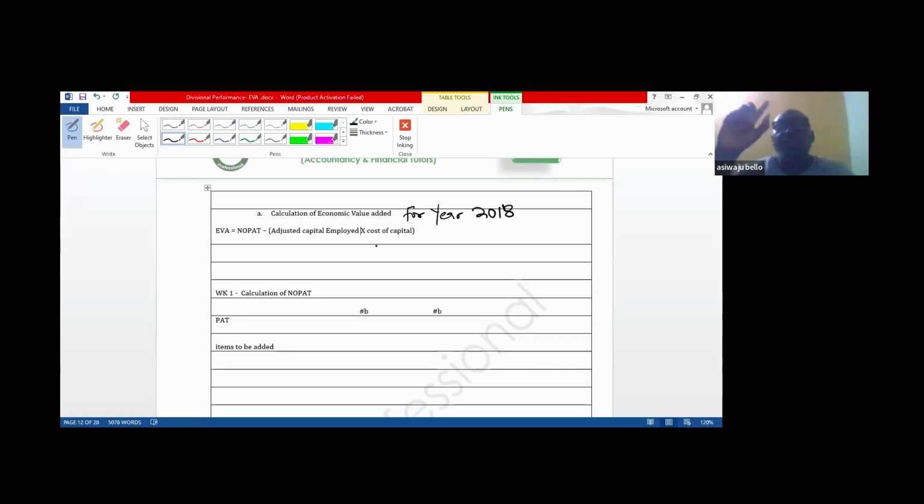NOPAT, net operating profit after tax. That is number one. Number two variable, adjusted capital employed. Number three variable, cost of capital.